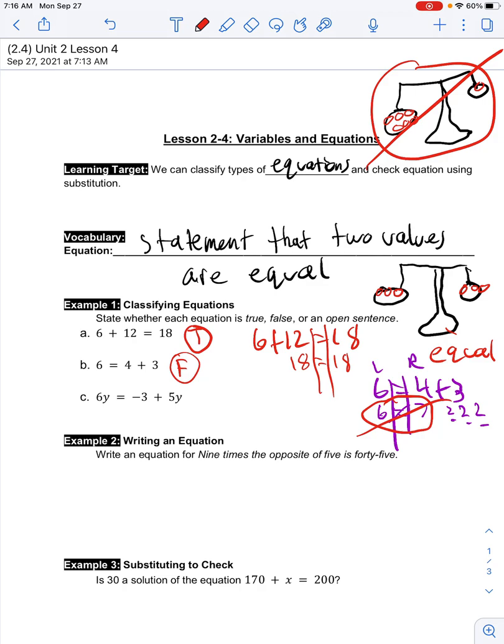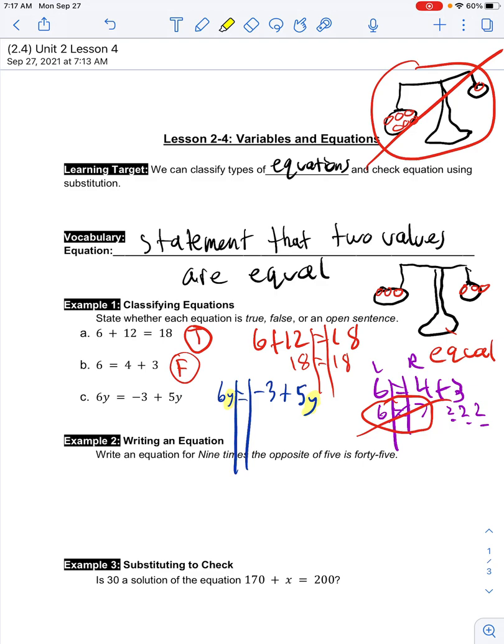And then as I look over here, 6y equals negative 3 plus 5y. Now, I could probably go through and solve this, but that's not what the question's asking. The question's just asking, is it true, false, or an open sentence? Because we don't know what y is, we don't necessarily have the same numbers on each side.